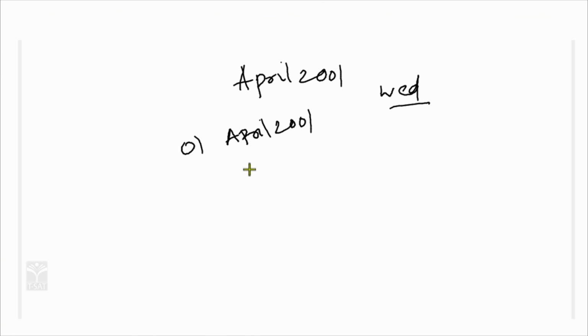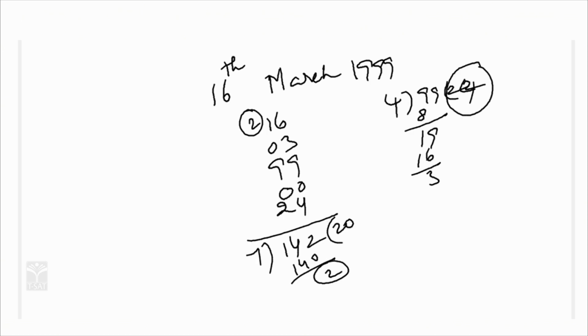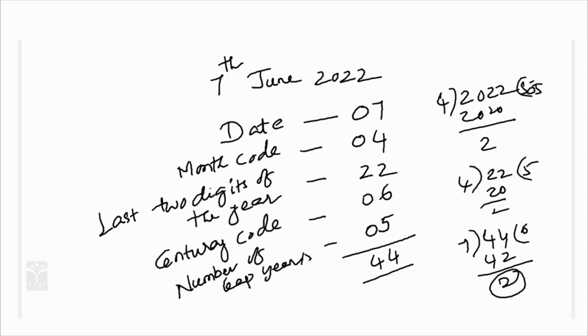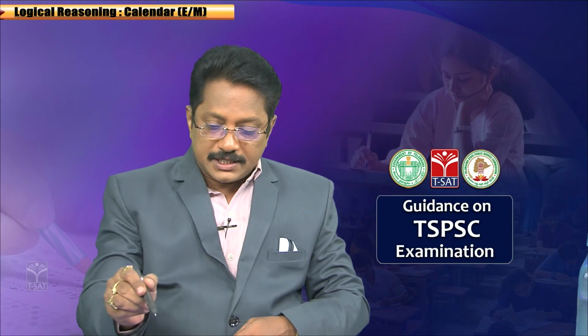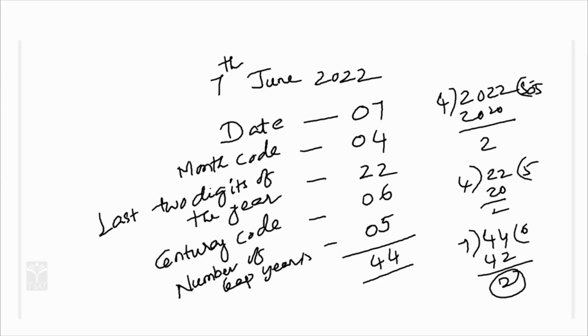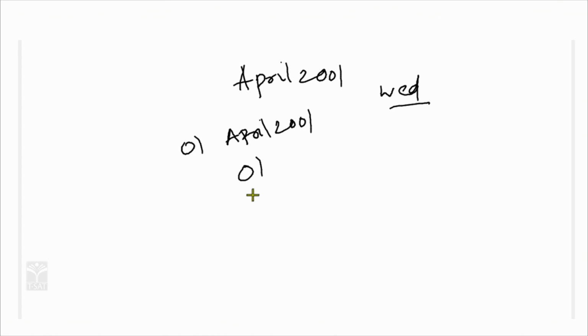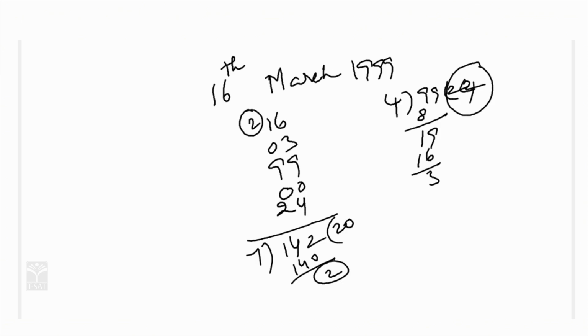Same method. 01, the code for April. What is the code for April? Say it. The code for April is 6, correct? We have to add 6, 2001, that is 01, and now we will check the century code.